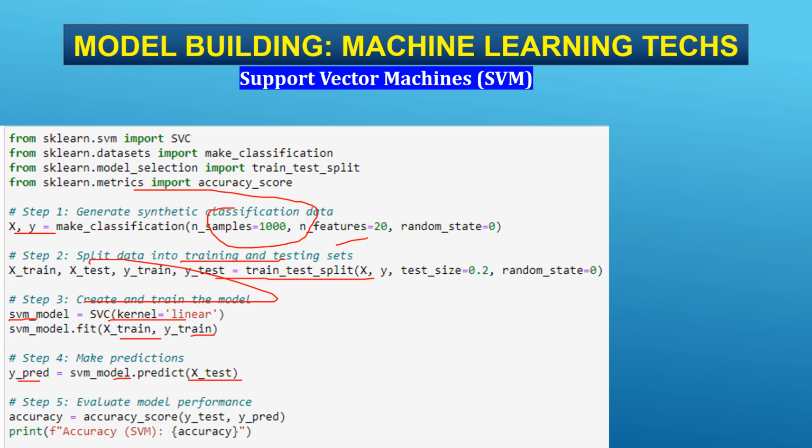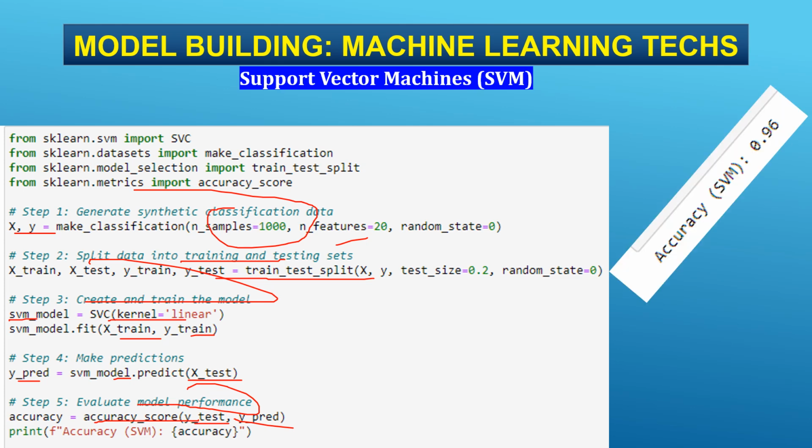Evaluate model performance: assess the accuracy of the model using accuracy score, comparing predicted classes y_pred and actual classes y_test, providing a measure of the model's predictive power. So this one is the result: 0.96 for SVM.